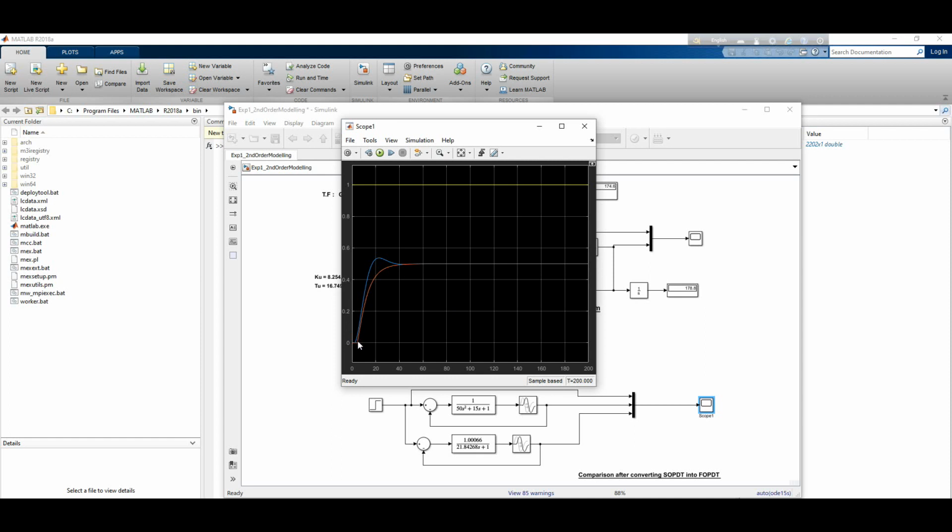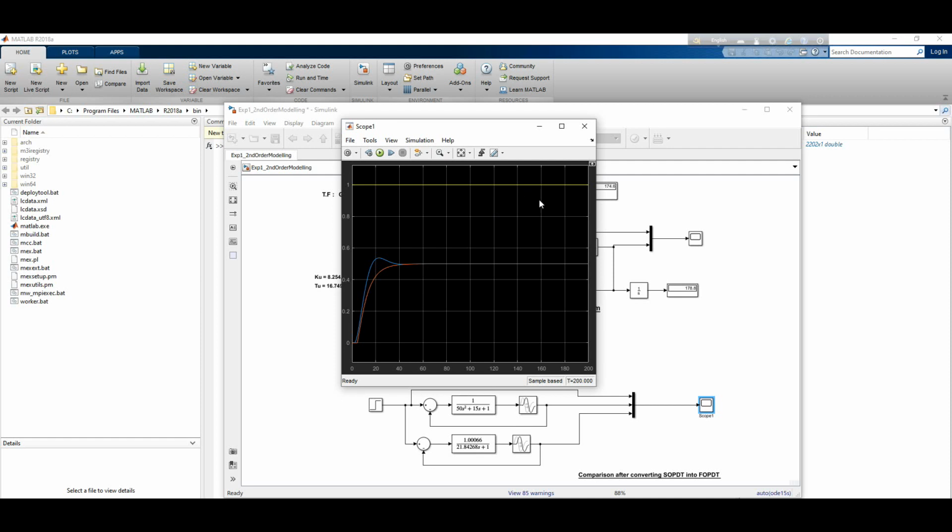The delay part is a little different for the first order, and the k and tau are slightly different. So this comment or conclusion can be made from this observation, or from this output, whatever we are observing in this graph.